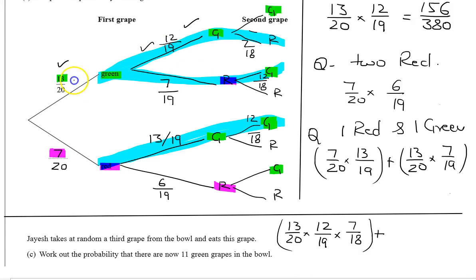Now the second one is 13 over 20 multiplied by 7 over 19, this is multiplication not plus, and 12 over 18. This is the second possibility, and the third is 7 over 20 multiplied by 13 over 19 multiplied by 12 over 18.